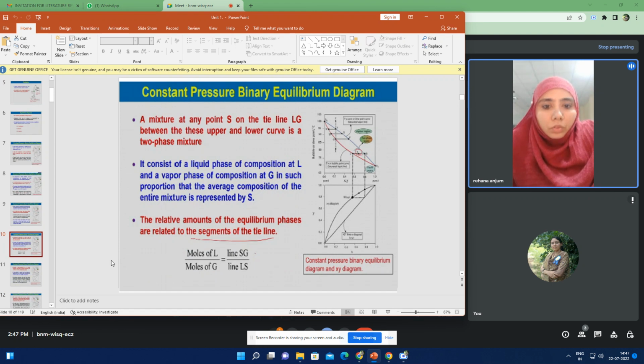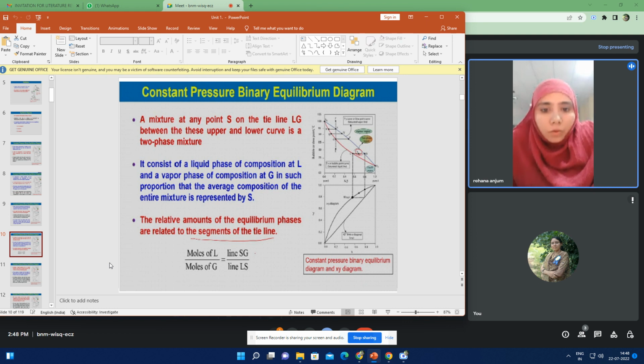Now consider a mixture at any point S on the tie line LG, between the upper and lower curves. Inside the envelope, there is a two-phase mixture of vapor and liquid.